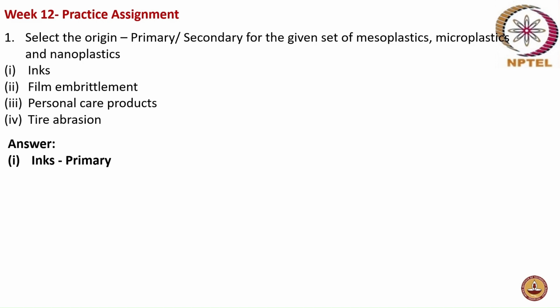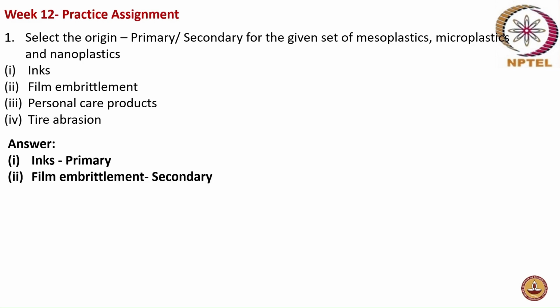Here, the meso, micro, or nanoplastics are available. So you have microplastics or micro or nano-sized polymeric particles in the ink directly. So it is a primary source of origin of micro or nanoplastic or mesoplastic.